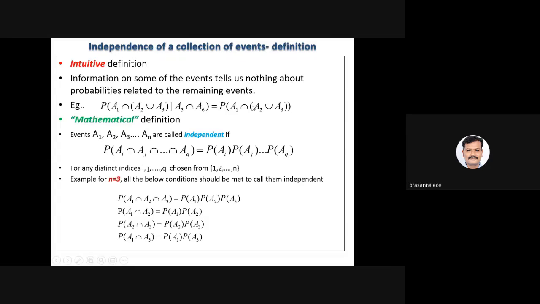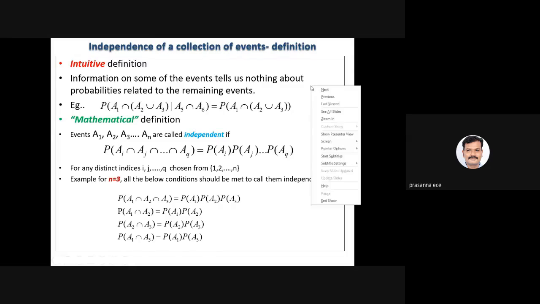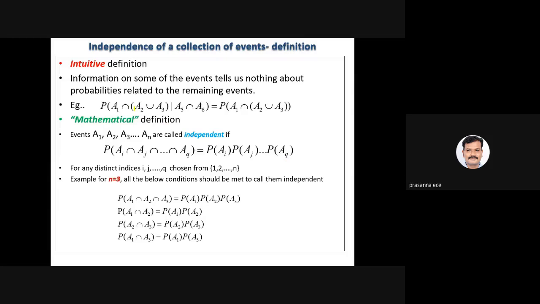Intuitively, what we want to say is, if we have some collection of, say, 6 events, then information about particular events or their combination in the sample space should not affect our beliefs about another set of events. So we just have an intuitive definition, and then we are refining it to exactly represent what we want to define. Here we have defined a conditional probability.